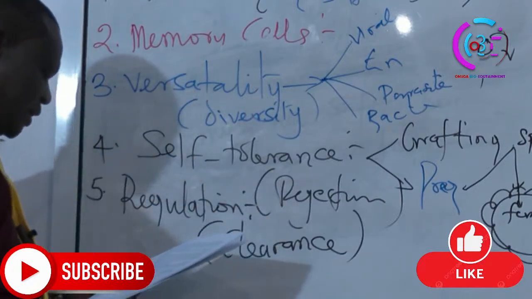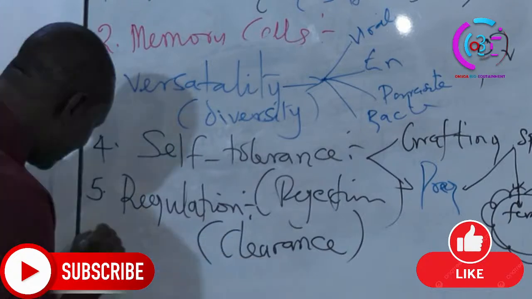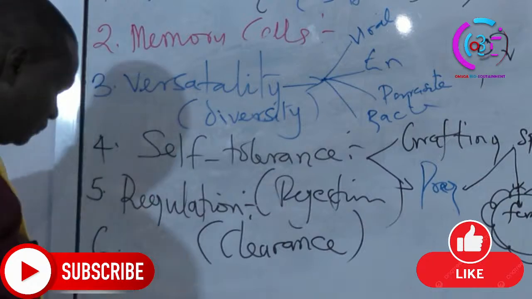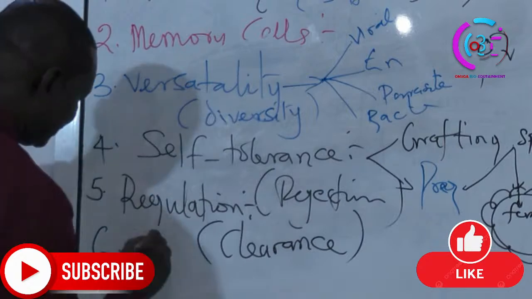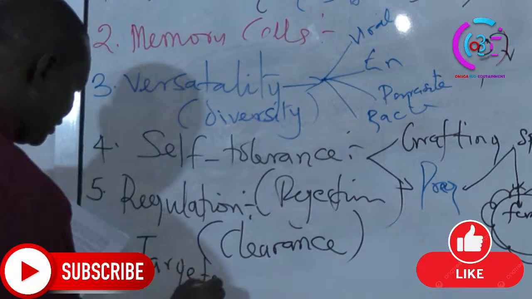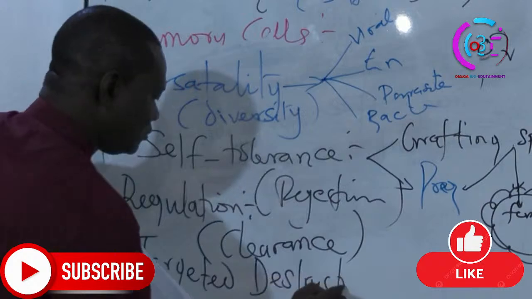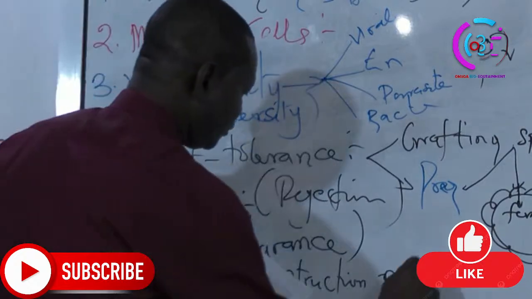So the last capability of the adaptive immune system is that they always have targeted destruction of pathogens.